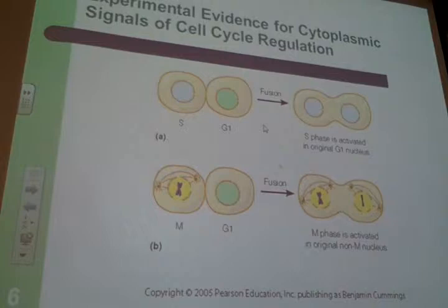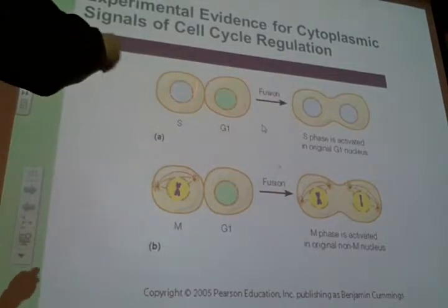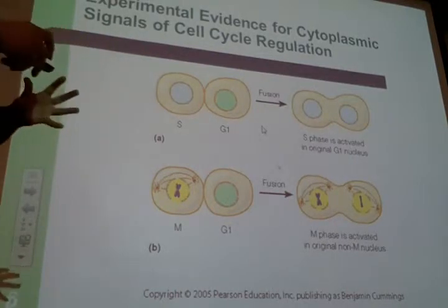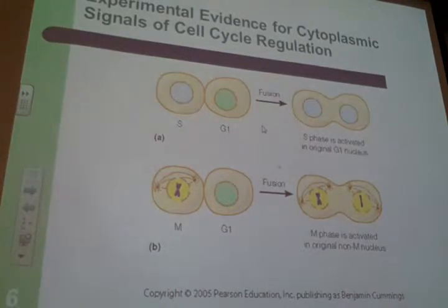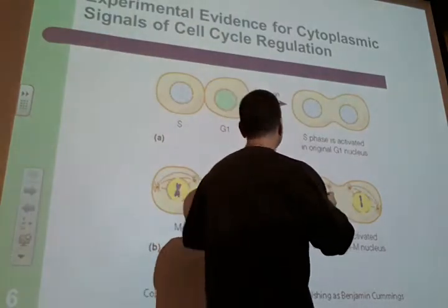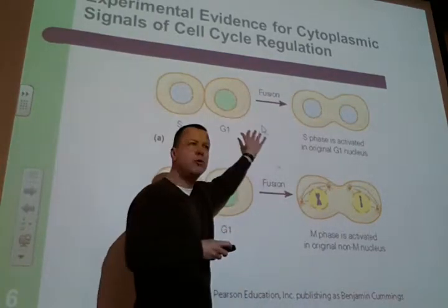This first set of experiments shows an experiment where they fuse two cells together that are at different stages of the cell cycle. Okay, so this cell right here is already in the S phase, and they fuse it to a cell that's in G1. And then they ask the question, what happens to the earlier nucleus?